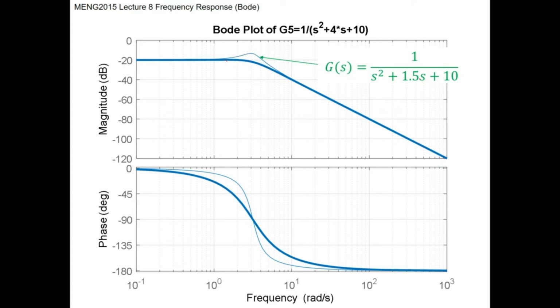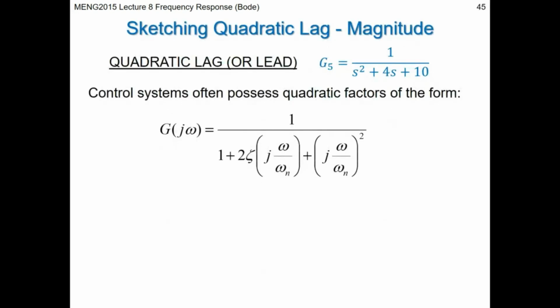If you have a different function, it gives a little peak, and the peak occurs somewhere around omega n. In fact, it's at a location called omega r, the resonant frequency, but it's very close to the natural frequency. So that's something to note. You can get this little spike.